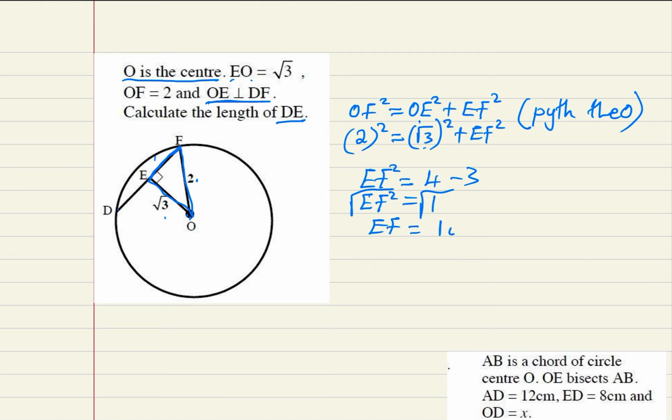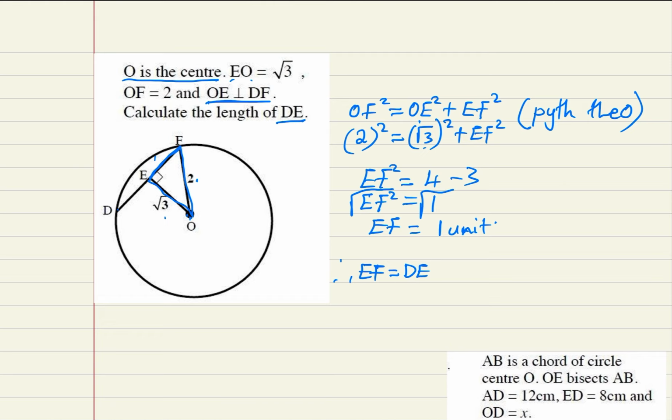So it's 1 unit. Since it's 1 unit, are we looking for EF? No. But we know, therefore, that EF is equal to DE.